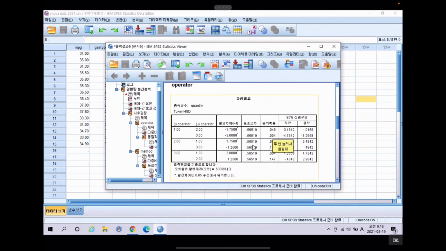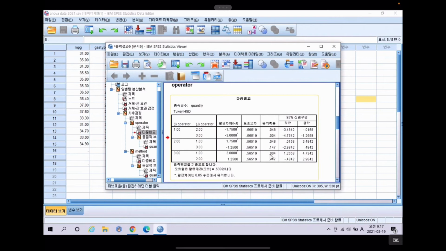So that means there is a difference between 1 and 2 and between 1 and 3. For 2 and 3, since you cannot reject the null hypothesis, you can say that 2 and 3 are equal in terms of quantity.